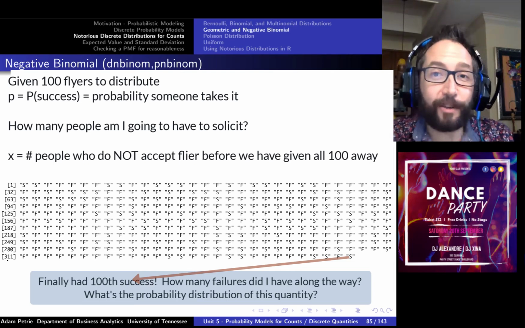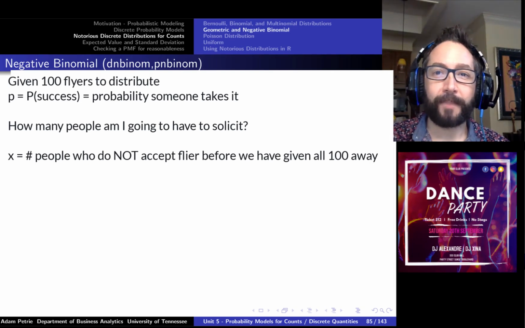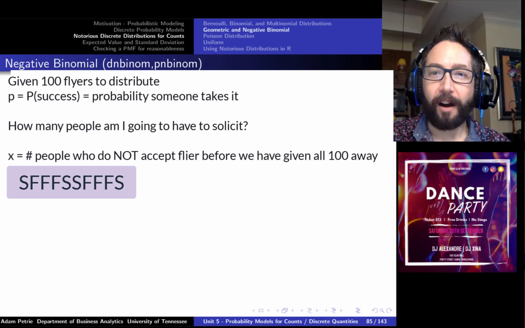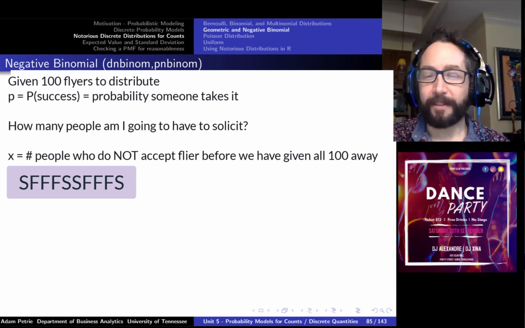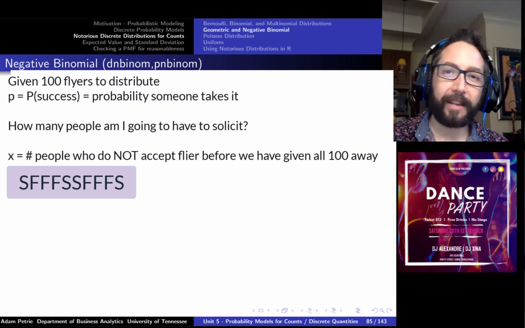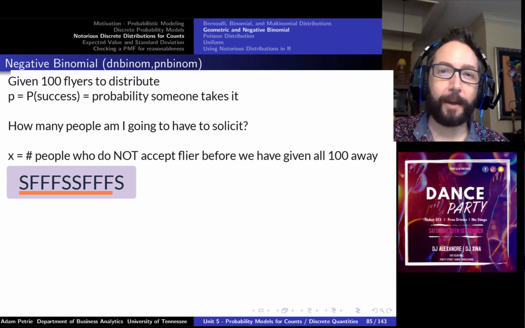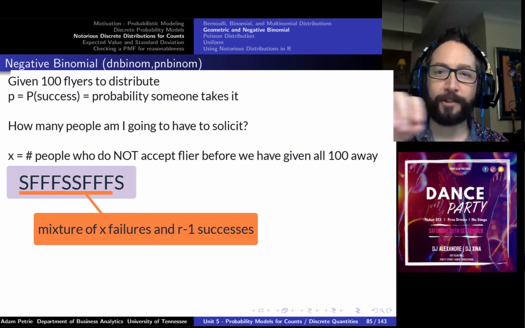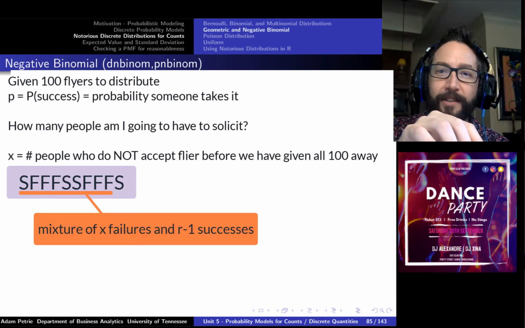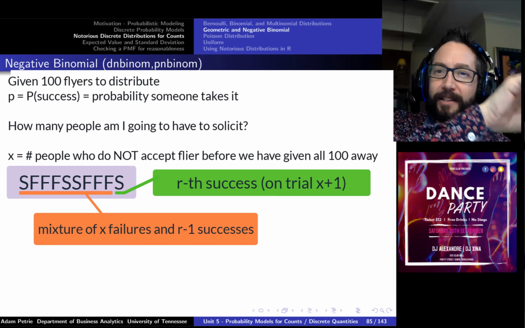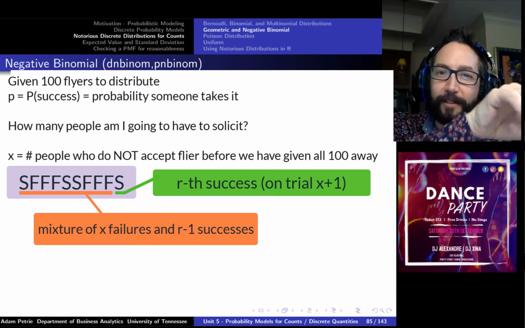So how could we develop the formula for the PMF? Well, it's actually not so difficult to conceptualize. In order to have the rth success happen on the very last trial, and to have x failures before that occur, the sequence must be some mixture of x failures and r minus 1 successes, followed finally by a success on that very last trial, that rth success.